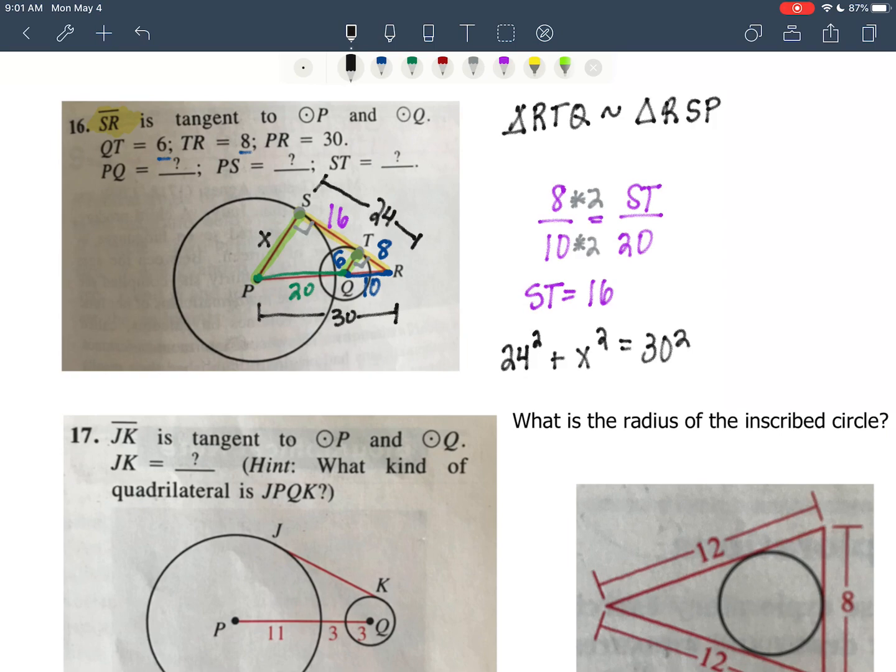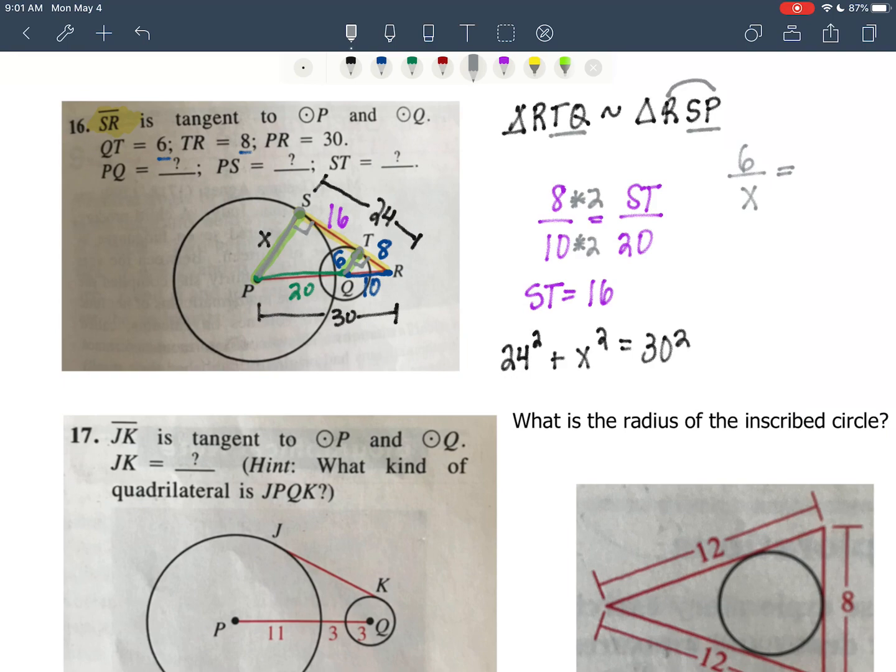Because we have similar triangles, we have some ratios that are very, very convenient. So I'm going to come over here and say, well, we've got 6 is to x as, we can do this side to this side, so TQ to SP is to, I like the hypotenuse, so let's do RP.